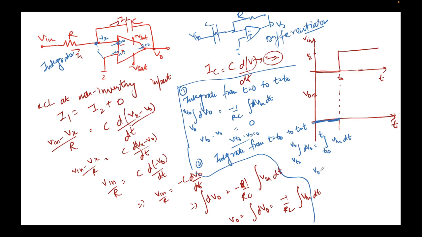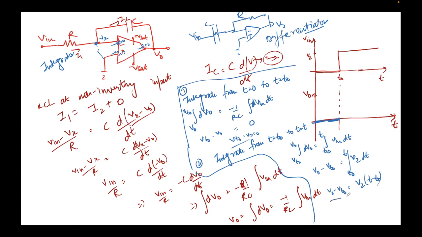So the LHS will become v0 minus vt0. This is equal to, now v in is some constant vz, so it becomes vz dt from t0 to t. So v0 minus vt0 equals vz, a constant which comes out, times t minus t0.